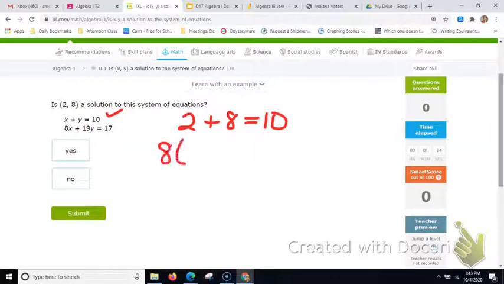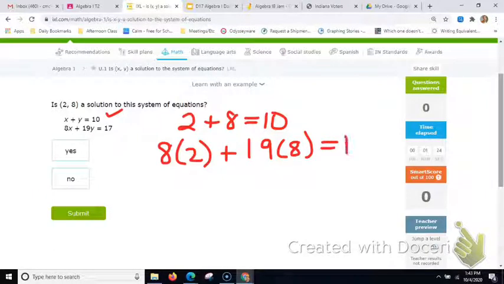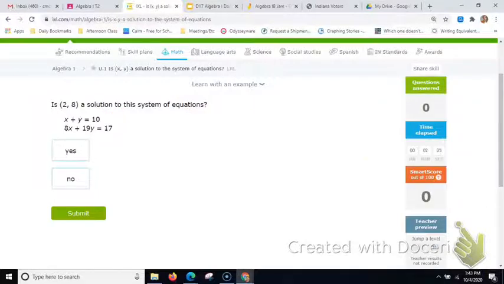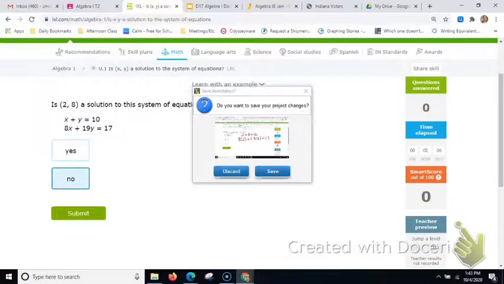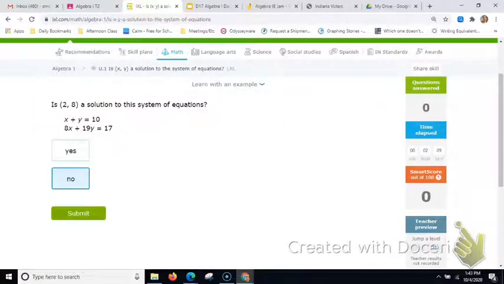The second part, though, 8 times 2 plus 19 times 8. Without doing all the math, I'm very doubtful that that's going to equal 17, just because 8 times 2 is 16, and 19 times 8 is certainly more than 1. So it would be too much. So I'm going to click the answer that says no. Remember, for it to be a yes, they both must be true.